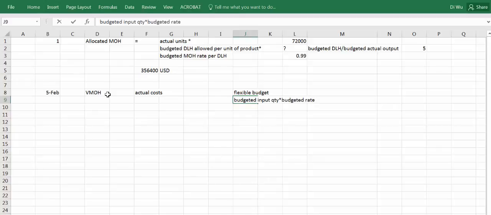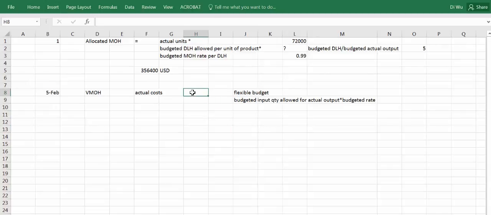The budgeted input quantity is the budgeted input quantity allowed for actual output. I may want to change that so that we will not be confused. We base it on the actual output to figure out the budgeted input quantity needed, allowed. Then we find the budgeted rate, so we can go ahead and find all the issues.